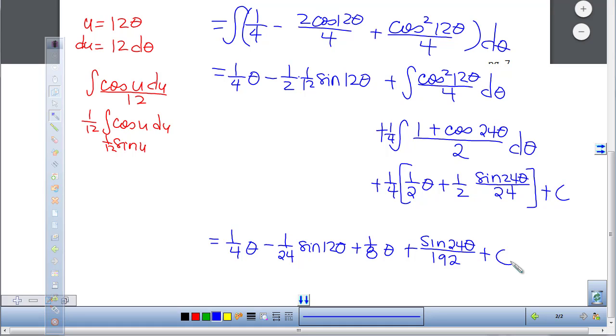Okay, good. We can combine these two terms. So 1/4 theta plus 1/8 theta would give us 3/8 theta. Okay. All right, questions. Okay, very good.